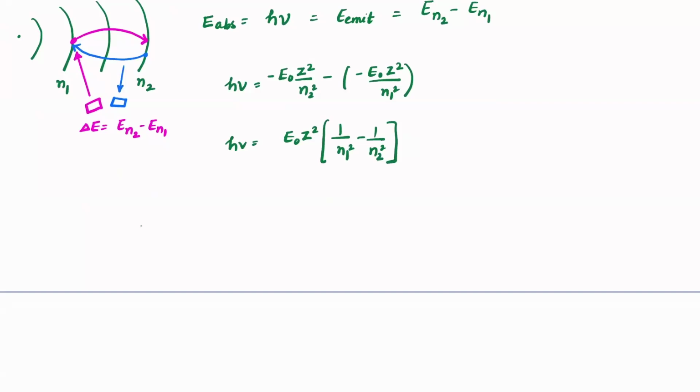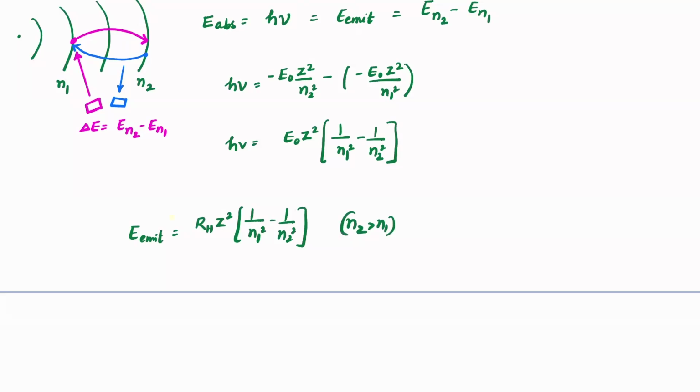So this energy which is being emitted can be written as something like RH into Z square into 1 by n1 square minus 1 by n2 square, where n2 is always greater than n1.